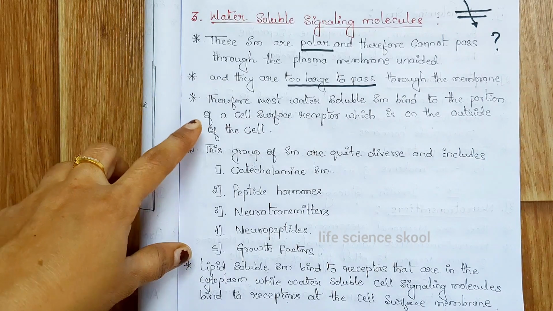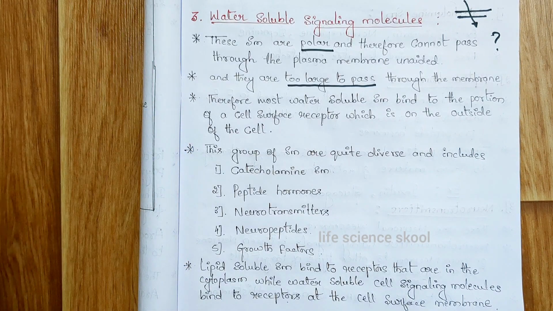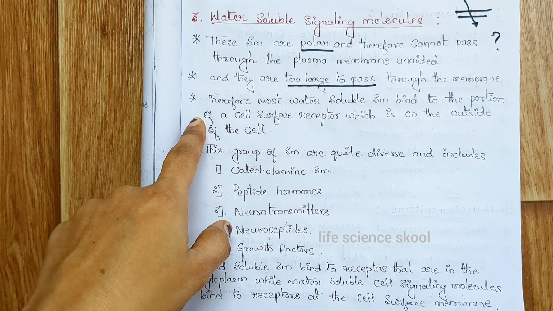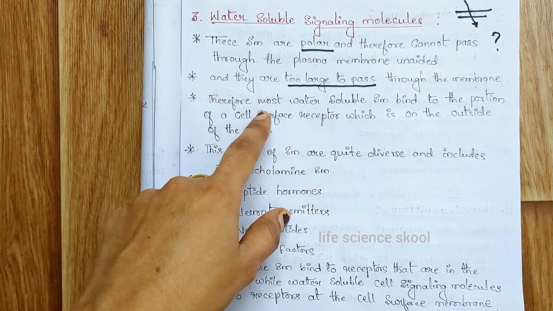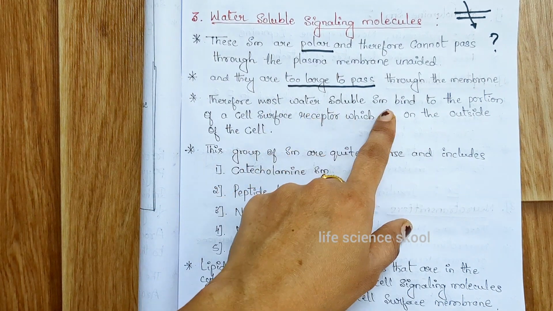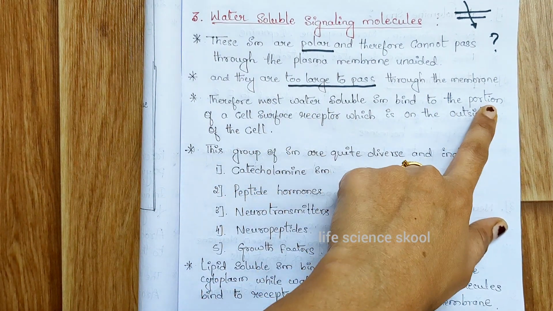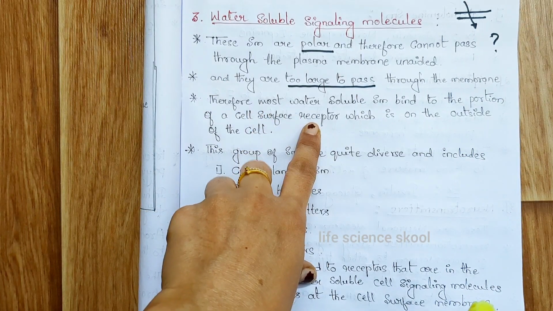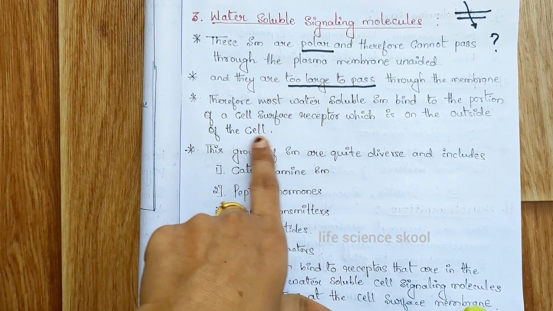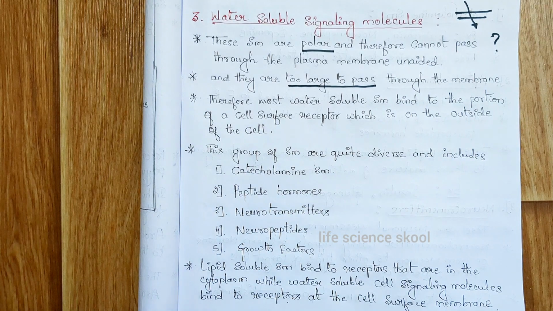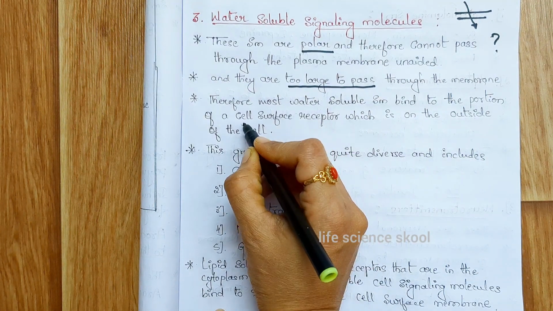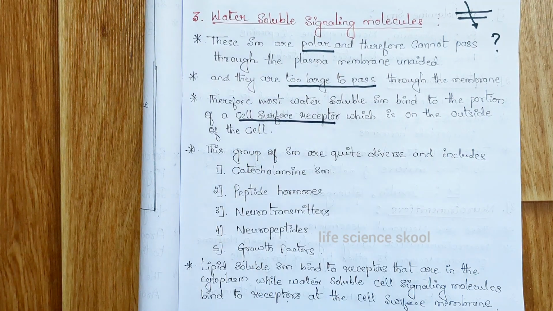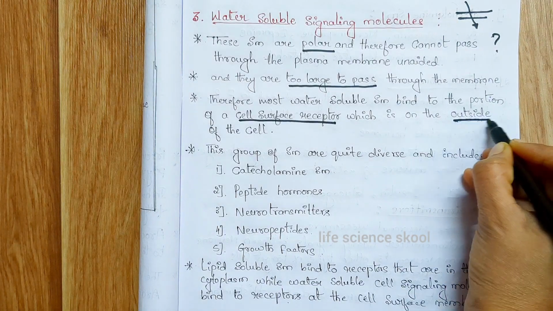The solution is in the third point: most water soluble signaling molecules bind to the portion of a cell surface receptor which is on the outside of the cell.